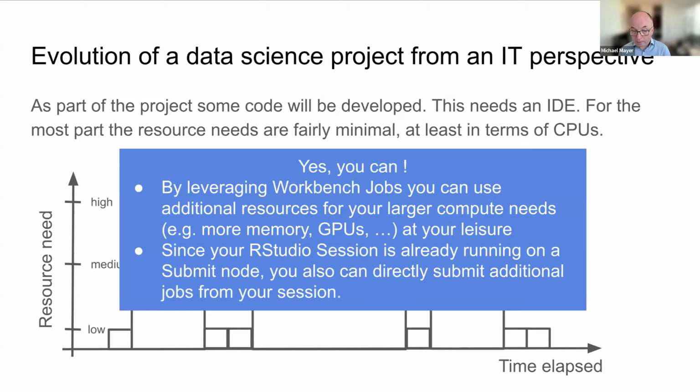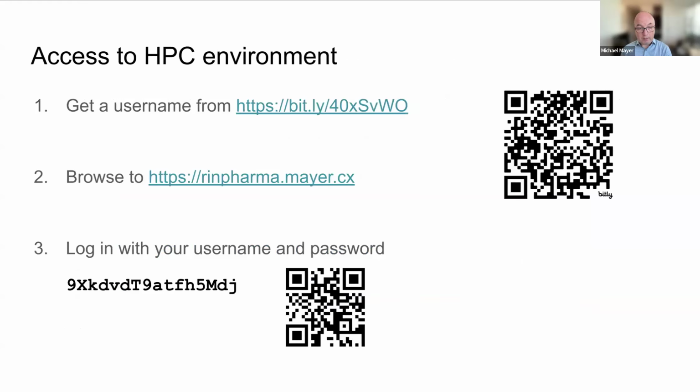And because our RStudio session is already running on a submit node, you also can directly submit additional jobs from your session. So those are the two ways that we will explore. The workbench job, I think I already showed to you, but how to use the RStudio session to directly submit jobs to this cluster is something we will investigate now.